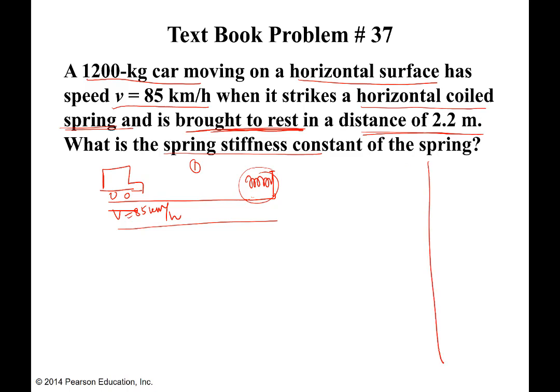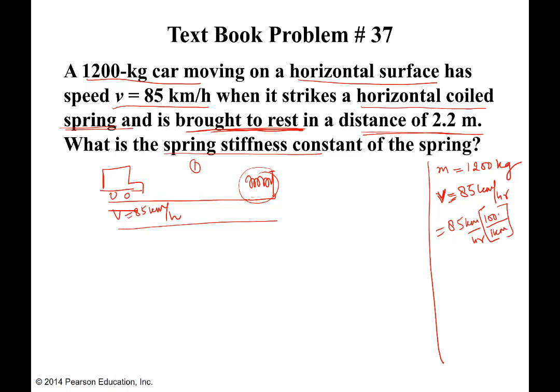So what is given to us? We have been given the mass of the car, 1200 kg, and speed v as 85 kilometers per hour. Go ahead and convert it. Once you convert it, you can substitute the values. I don't have the converted value ready right now, but you can do the conversion: 85 kilometers per hour, you want kilometer to go away, so it's in the denominator.